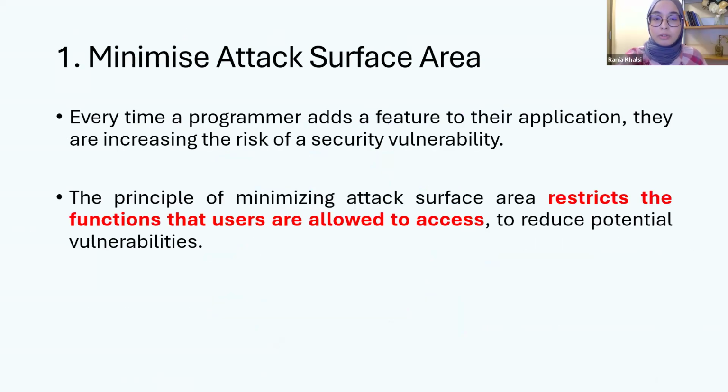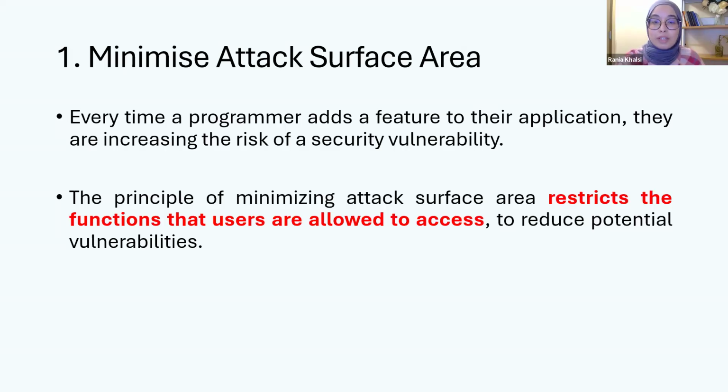And here we go. So we start with the first secure design principle, which is minimizing the attack surface area. Every time a programmer adds a new feature to an application, they also increase the risk, including a security vulnerability. Okay, so each feature creates a new way for users and also for attackers to interact with the system.